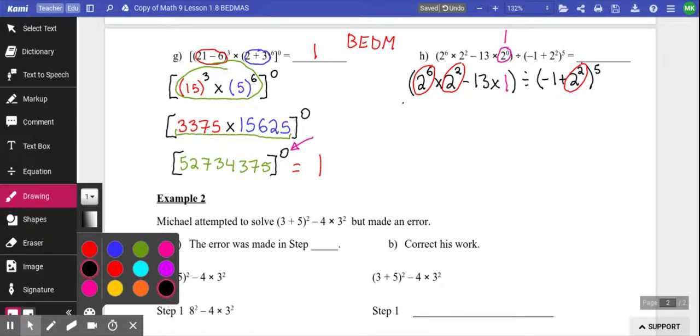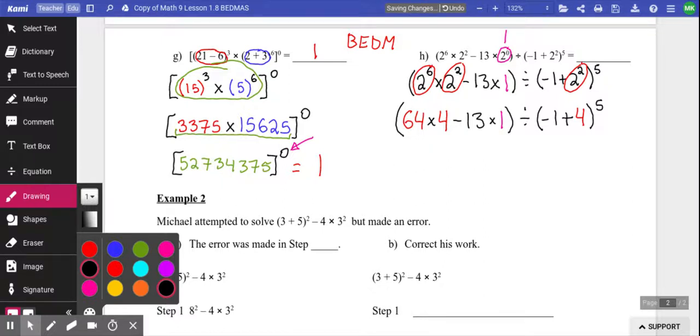Everything else will stay the same. 2 to the power of 6 is 2, 4, 8, 16, 32, 64, times 2 to the power of 2 is 4, minus 13 times that 1 is still there. Divide by negative 1 plus 2 to the power of 2 will change to be 4. Bracket 5.